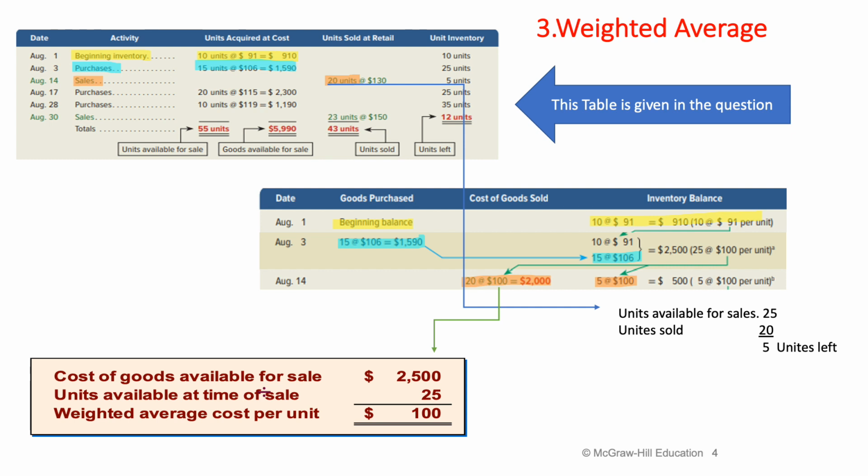Now when I calculate my inventory balance, I take 5 units, because I have 25 units and I sold 20 out of them. I multiply the 5 by 100, because I also have to multiply it by the weighted average cost. So my ending inventory balance is 500. My inventory balance on August 14 is 500. We can see that the inventory balance is decreasing because the company did some sales.